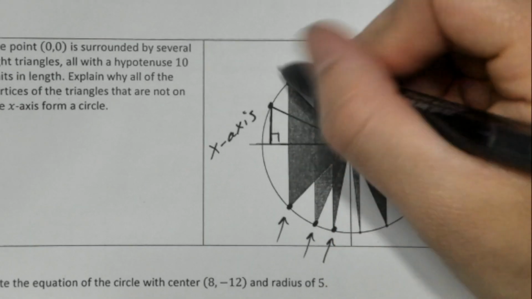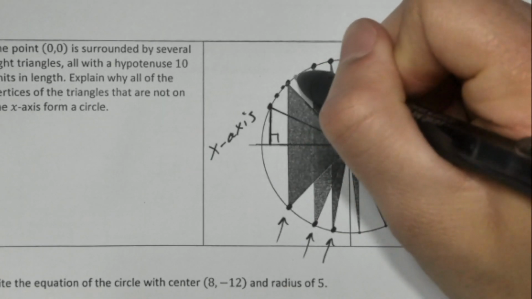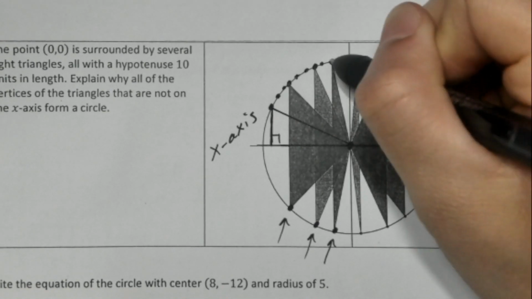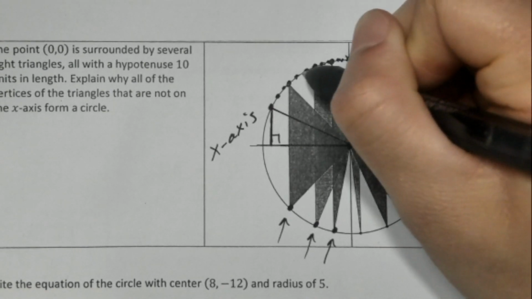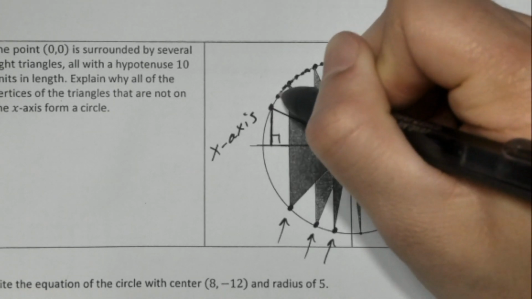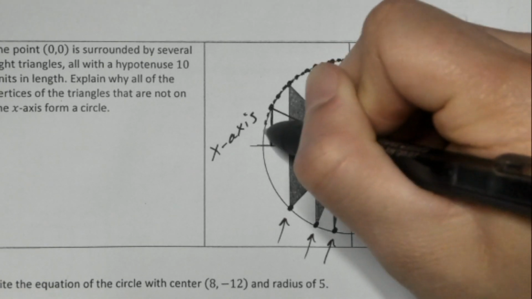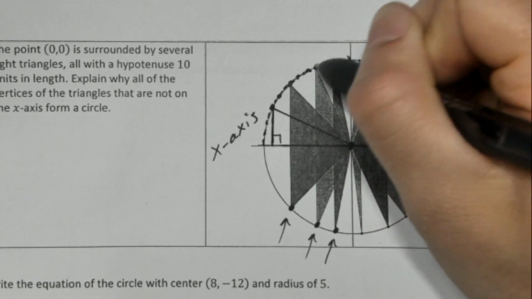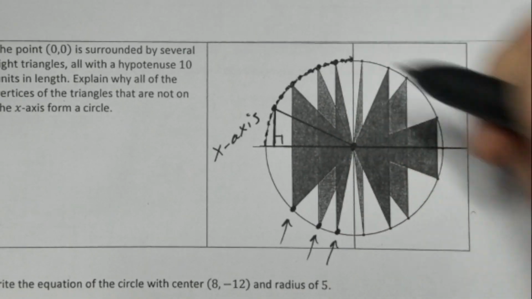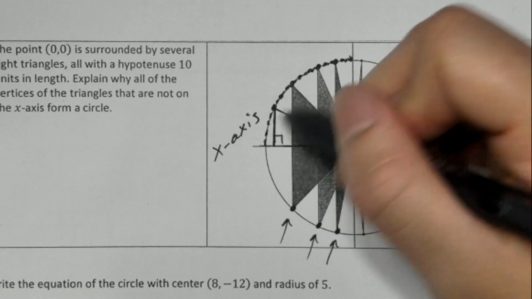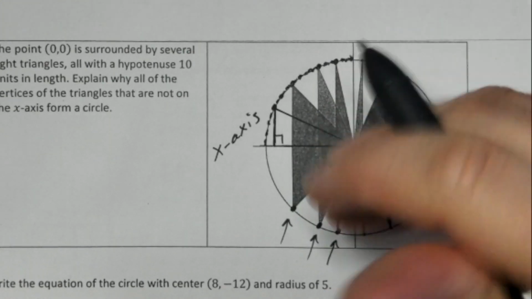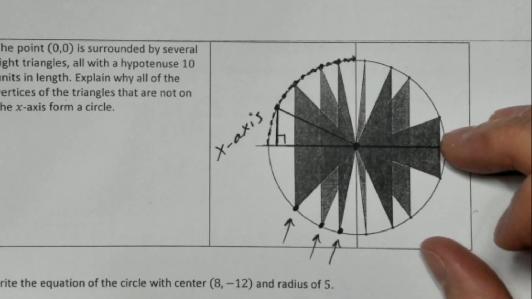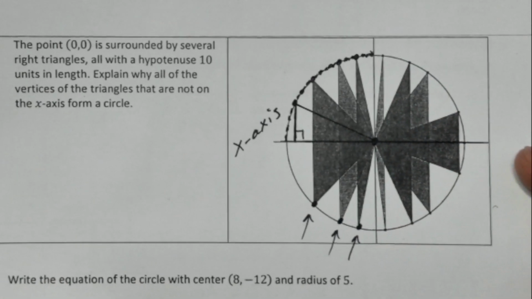And if I add an infinite number of triangles, okay, eventually all of these points will join together to create, well, the perfect shape of a circle. Eventually you'll have so many triangles in here, so many triangles that all the white spots will be covered, and you'll be left with a perfect circle.